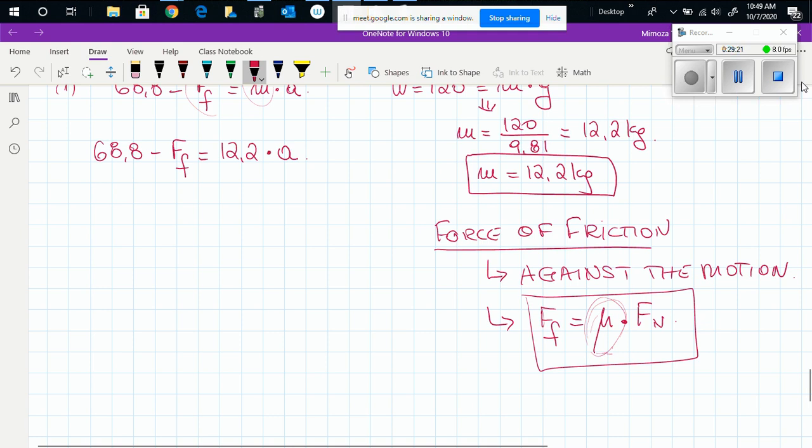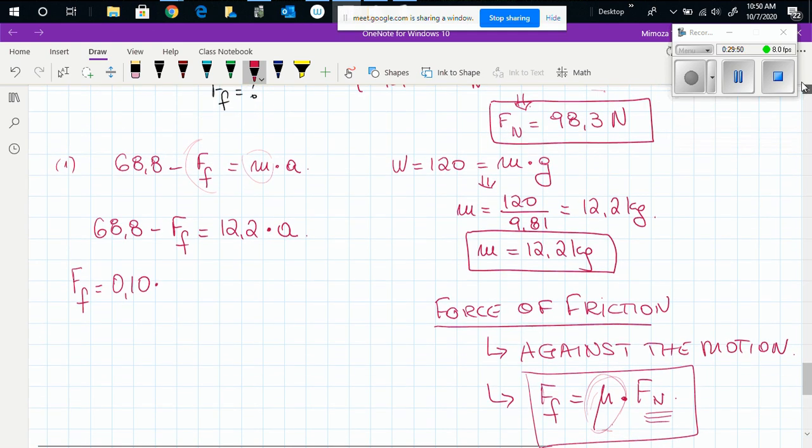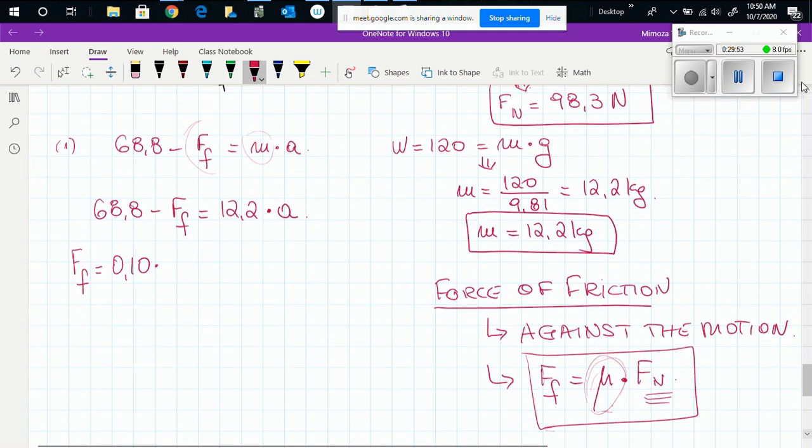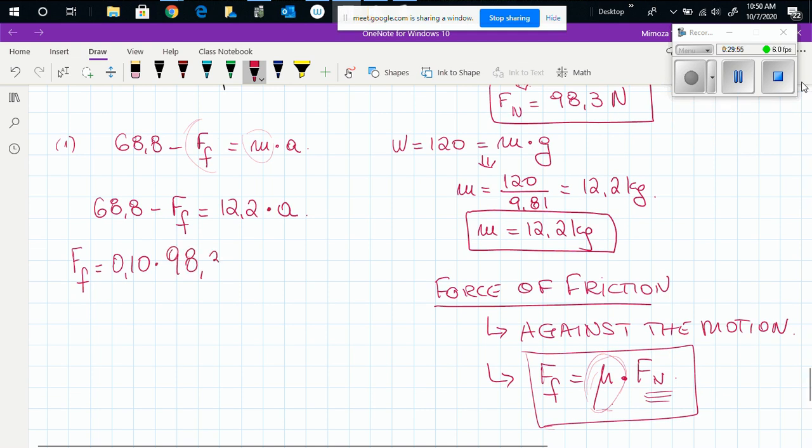So this is telling us that if we know this formula, if we know force normal and the coefficient of friction, we can find the force of friction. Based on our problem, the coefficient of friction is 0.10 times force normal, which we just figured out is 98.3, so the force of friction will be 9.83 newtons.